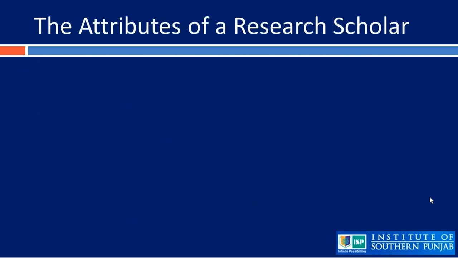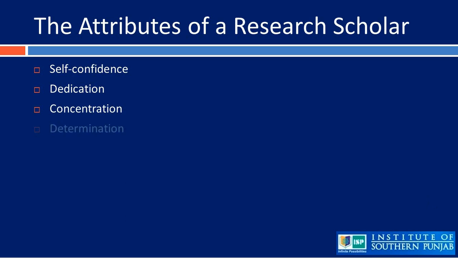Now, dear students, we see what should be the attributes of a research scholar. Number 1, the research scholar should have self-confidence. Number 2, dedication. Number 3, concentration, determination, analytical mind.